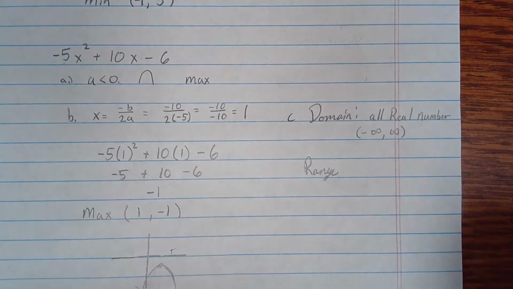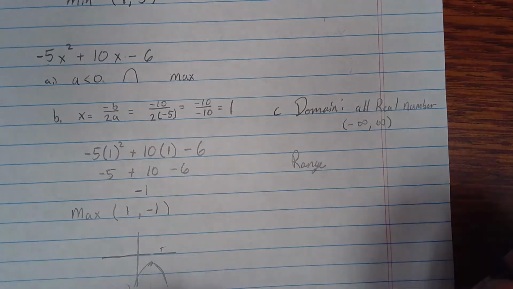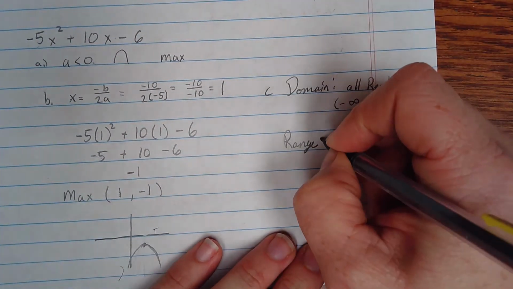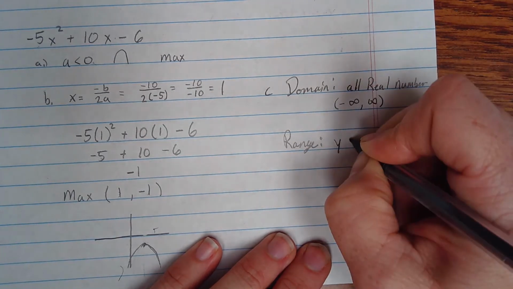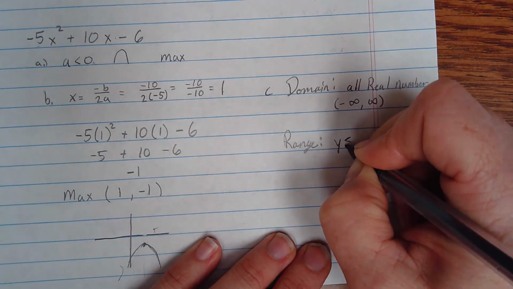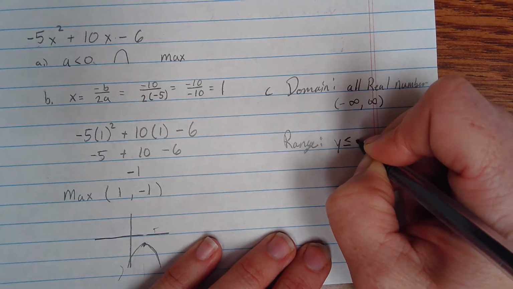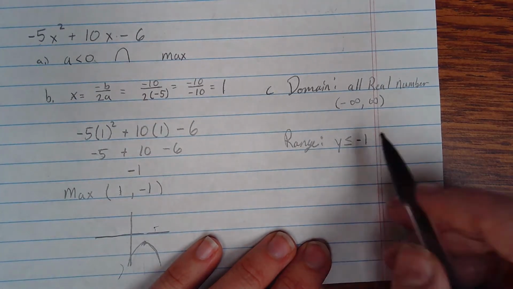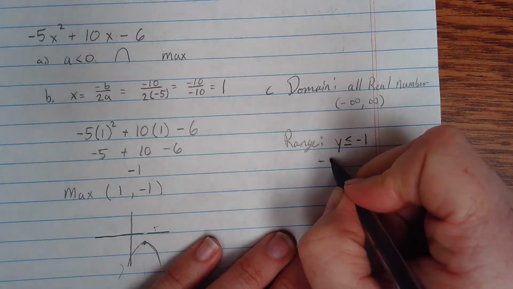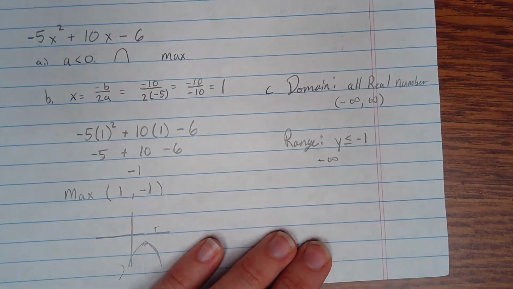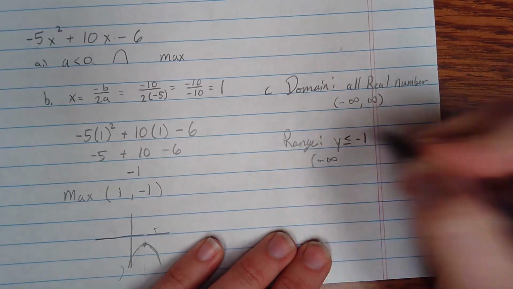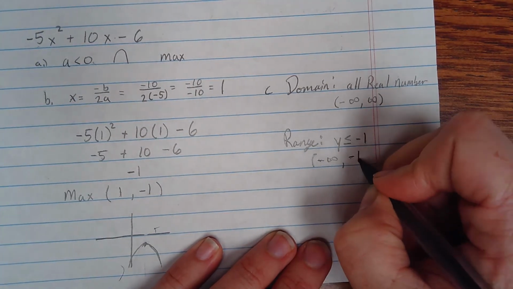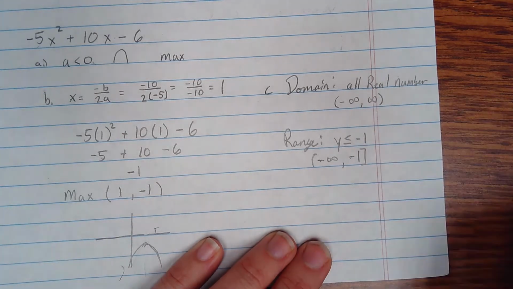Okay, the range I'm going to deal with is anything that's lower than my maximum. So y is going to have to be less than or equal to my maximum value of negative 1. So this range is going to start at negative infinity because I can go down forever and I can't ever reach negative infinity. And the highest value I can get is negative 1. And I can equal negative 1.